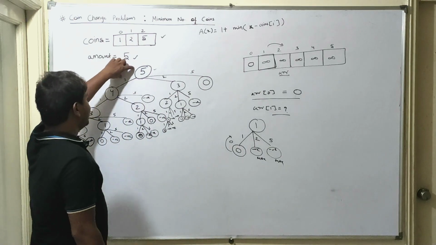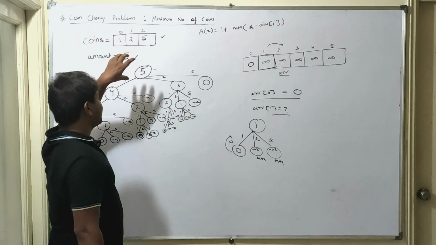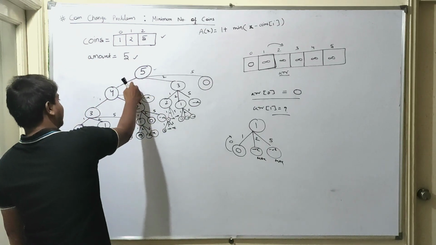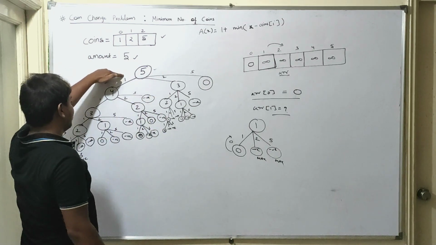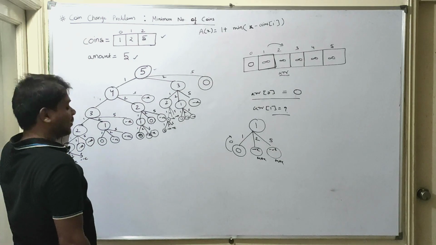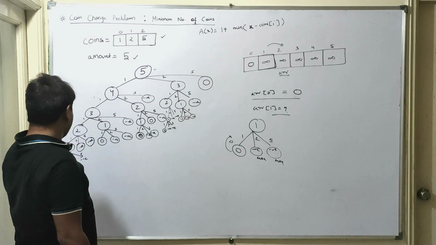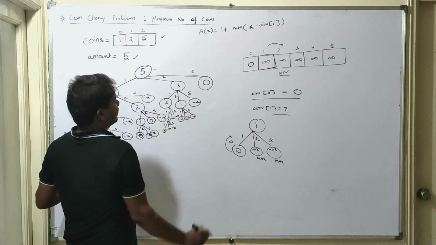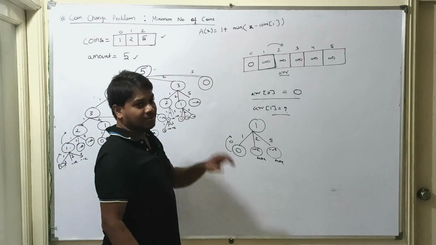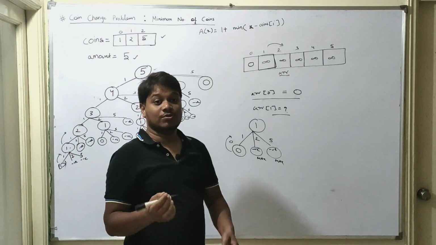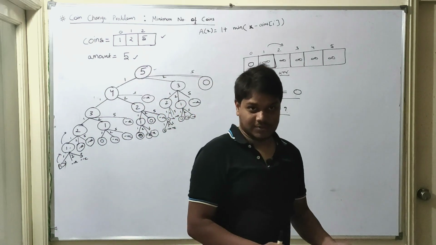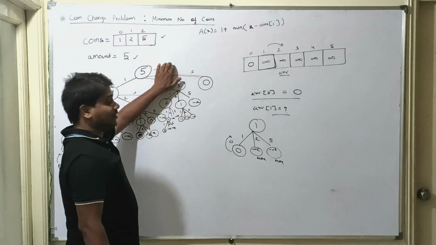In order to get the sum of 5 rupees, we can either go through this path by taking a 1 rupee coin again and again until we reach 0, or we can simply take this path. So the length of this path is 1. We'll choose only one 5 rupee coin and we'll get the solution, and this is our answer.